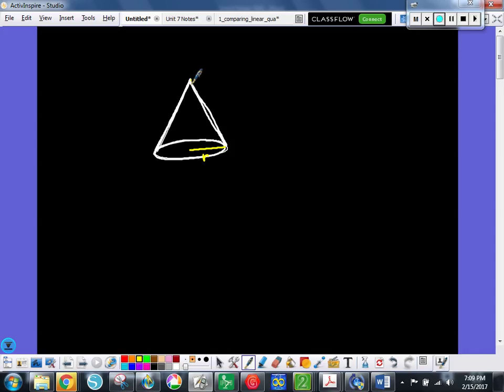This right here is not the height. That is called the slant height. So we are not using the slant height for the volume of a cone or a pyramid. You have to use the perpendicular height that goes through the middle. That is the height.